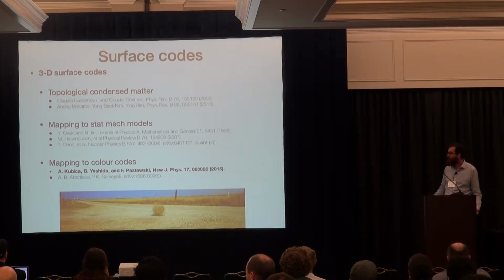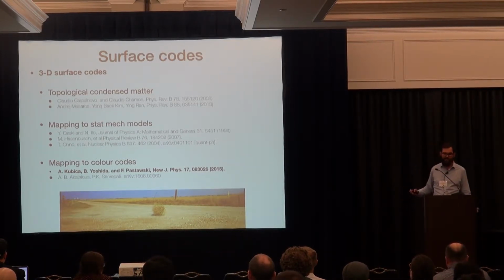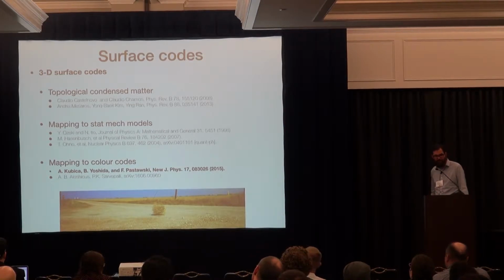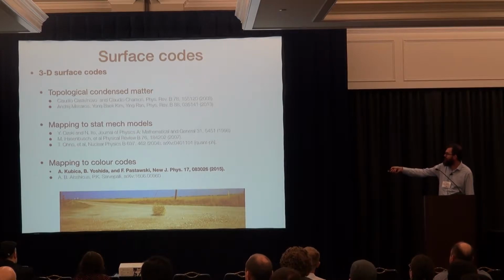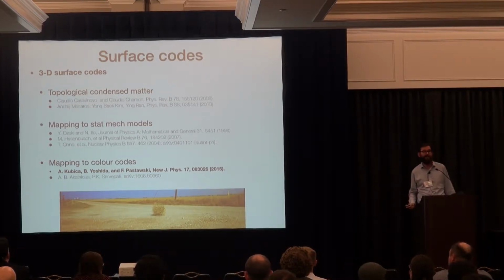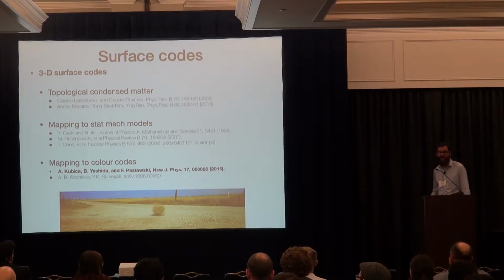So here are some papers that I was able to find on 3D surface codes and the 3D toric code. Most of them are condensed matter papers looking at properties of the condensed matter models you can derive from this code. But very recently, 3D surface codes have been studied in connection to color codes and how one can transform three-dimensional surface codes or multiple copies of the three-dimensional surface codes into color codes, and what insights and useful properties that allows us to derive.